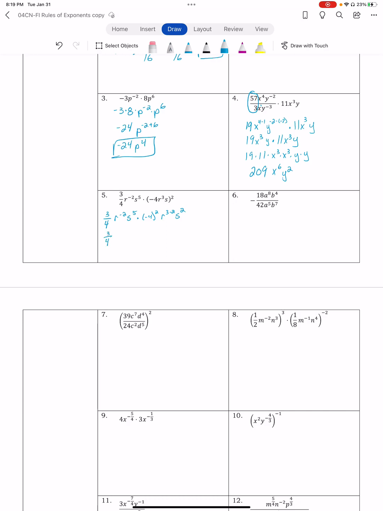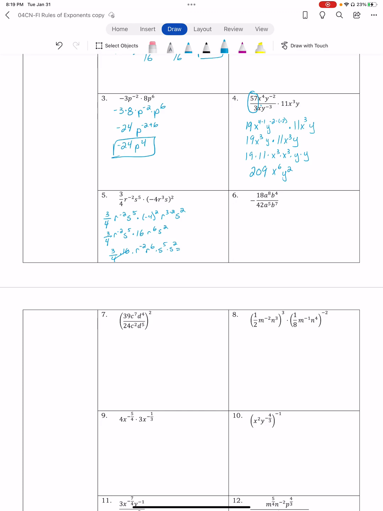I have 3/4 r to the -2nd, s to the 5th, times 16, r to the 6th, s to the 2nd. I can rearrange. I have 3/4 times 16 times r to the -2nd, r to the 6th, s to the 5th, times s squared.